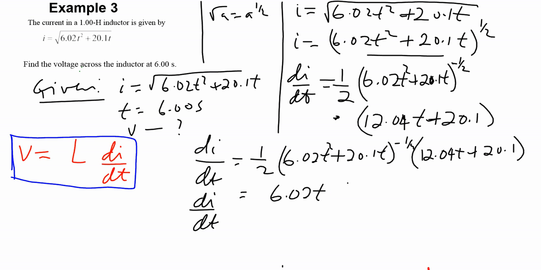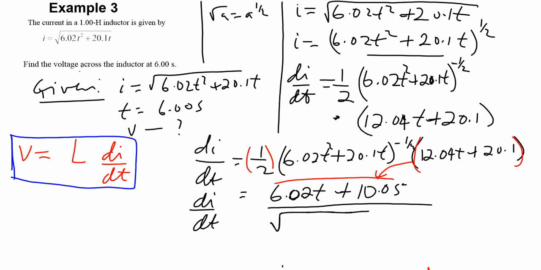So the whole thing becomes di dt equals 6.02t plus 10.05, because we multiplied a half through. After that, the whole thing is 6.02t plus 10.05, everything over the square root of 6.02t squared plus 20.1t.